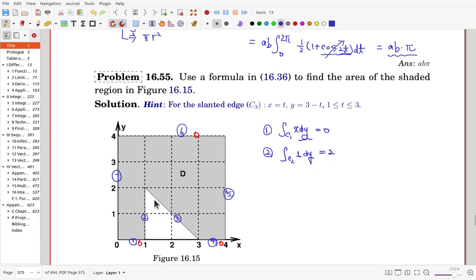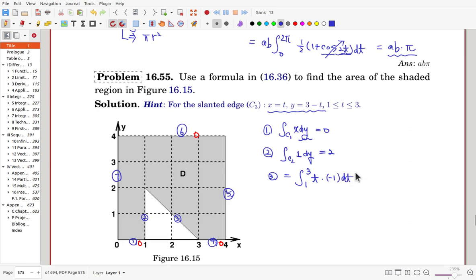Now, for the third part, it can be parameterized in this way. This line is y equals 3 minus x. Once x is t, then y must be 3 minus t. Of course, t is moving from 1 to 3. So that for this one, it is the same as the integral from 1 to 3 of x dy, where x is t, and y prime is minus 1, and dt.